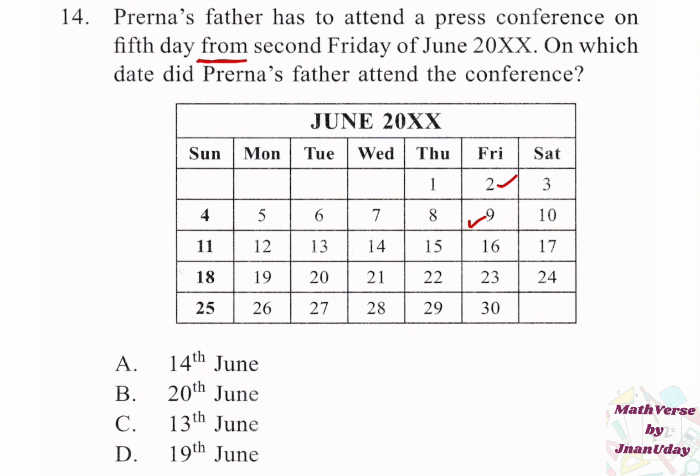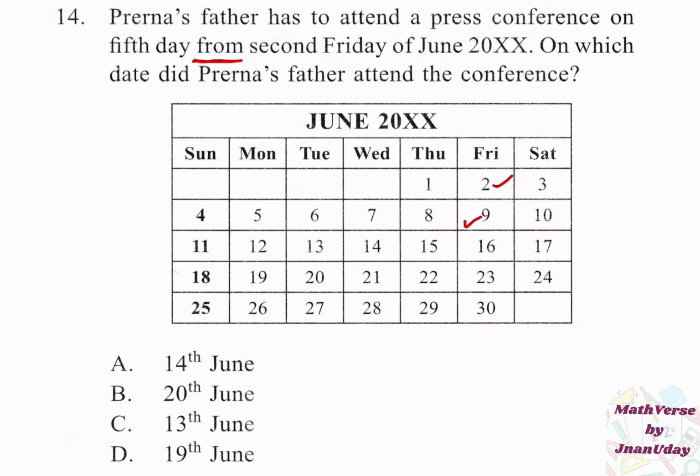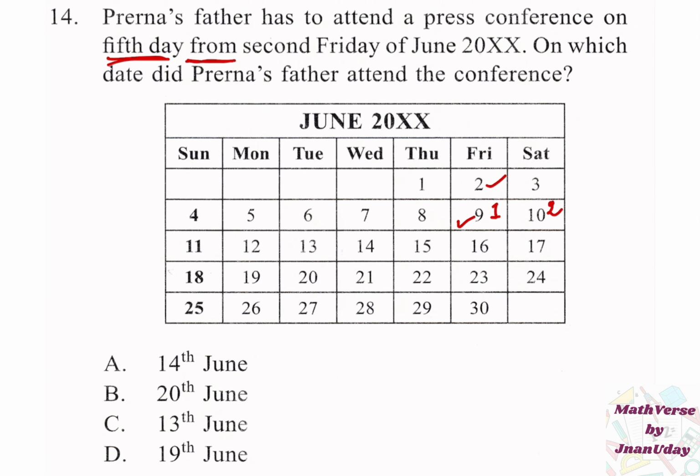Now from the 2nd Friday means we have to consider the 2nd Friday as the first day. So if we write numbers, which day is the 5th day from the 2nd Friday? So 1, 2, 3, 4, 5. So the 5th day means this day. So our answer is 13th June, that is option C. So the correct option for this question is option C.